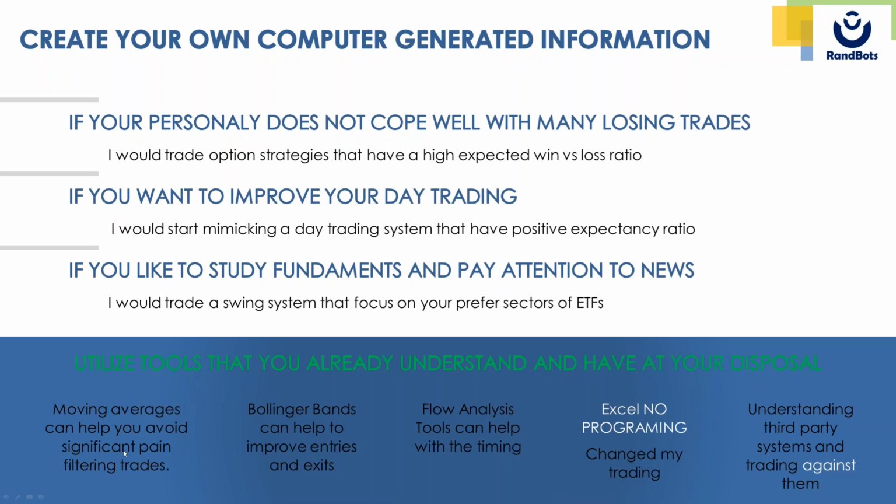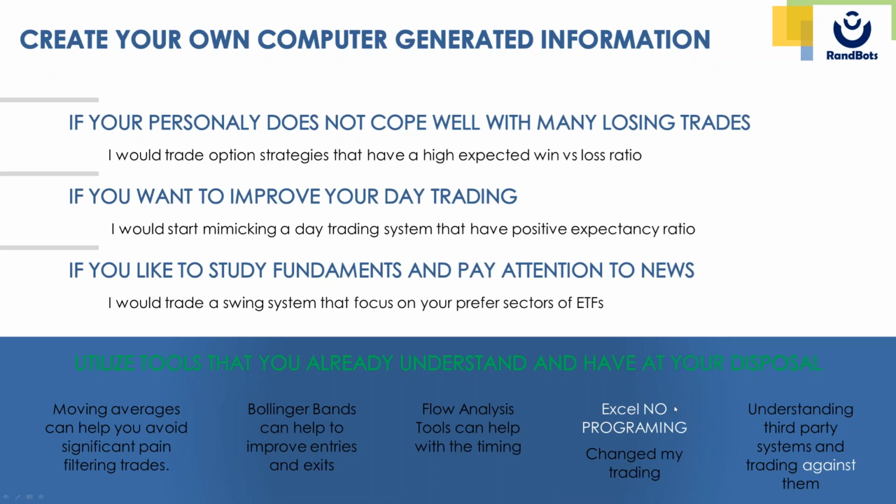Most of us are used to moving averages, Bollinger Bands, and flow analysis tools, but I don't use them on charts. I am a very visual person and I like charts. However, my trading decisions are done in Excel, and this is what changed my trading. Then I started following and filtering third-party systems.